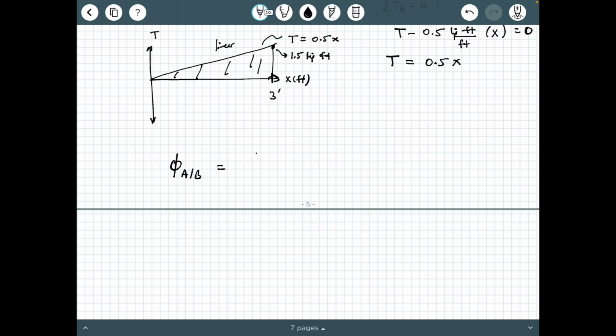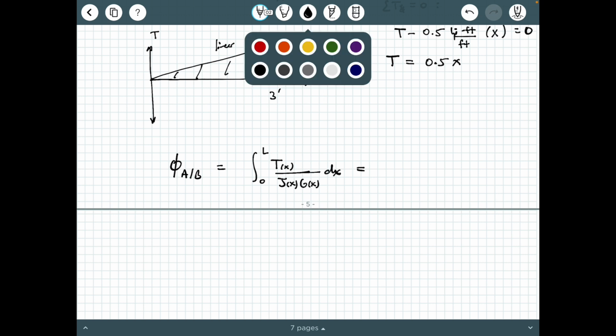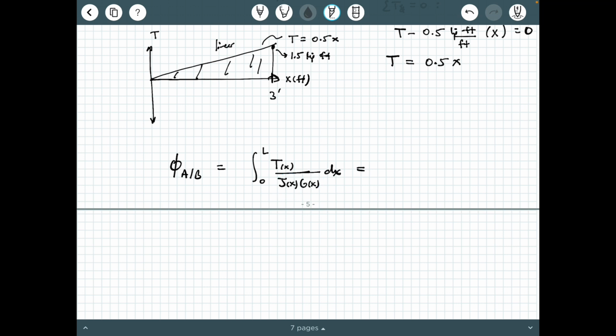This is going to be the integral from 0 to L of T as a function of X over J as a function of X, G as a function of X, dx. But a lot of this is constant, right? JG in particular is constant. So what we really have is 1 over JG times the integral from 0 to L of T as a function of X dx.